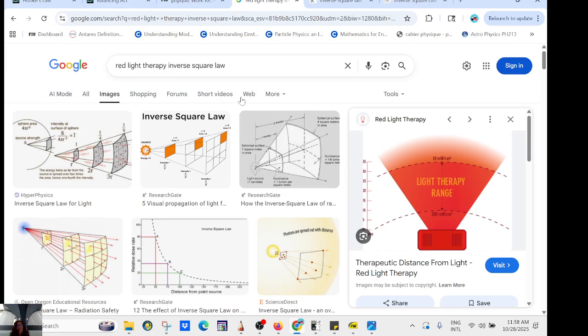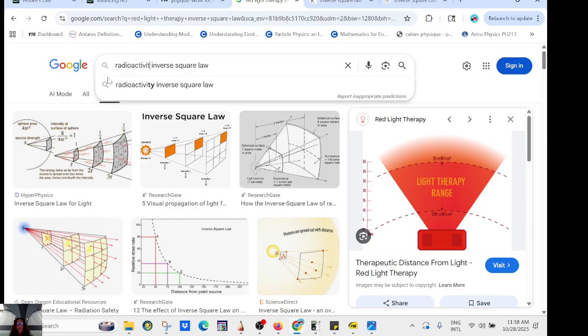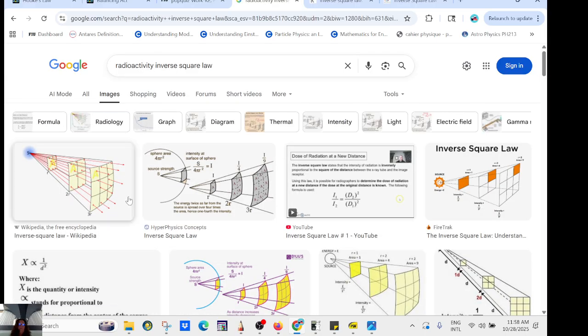Radioactivity is also obeying the same law. So when you have a radioisotope breaking down, if you multiply the distance by 2, you will get 1/4 of the radiation.